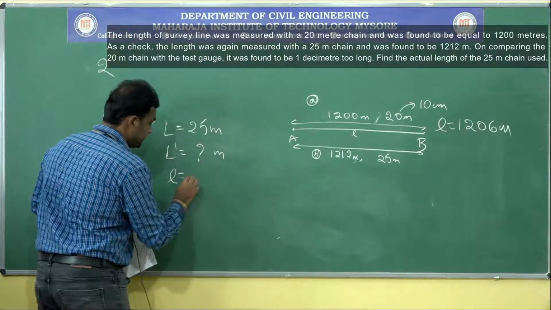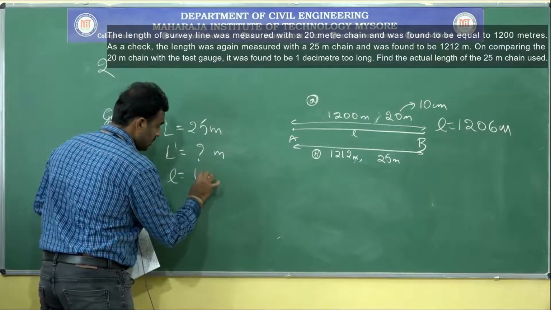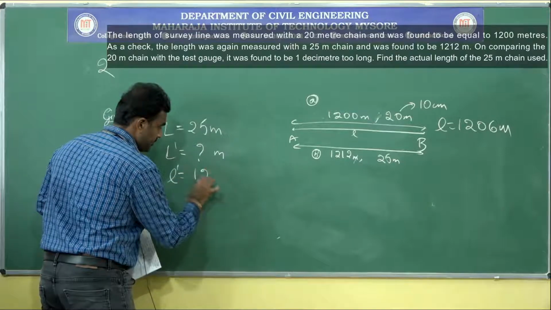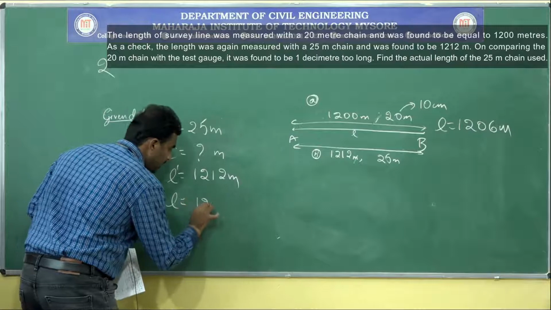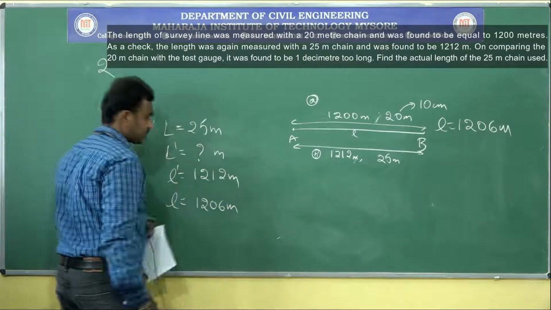Then the measured length is L dash, that is 1212 meters, and the true length is 1206 meters.